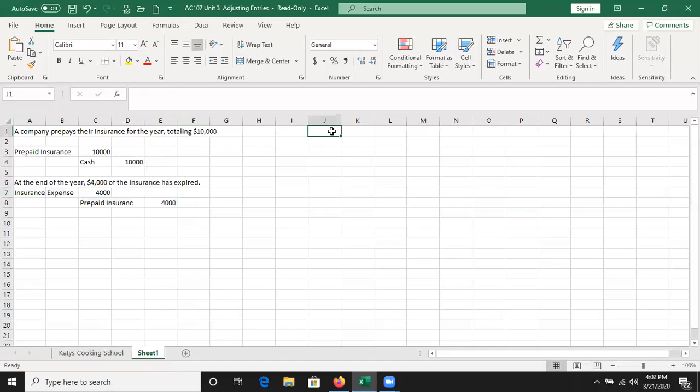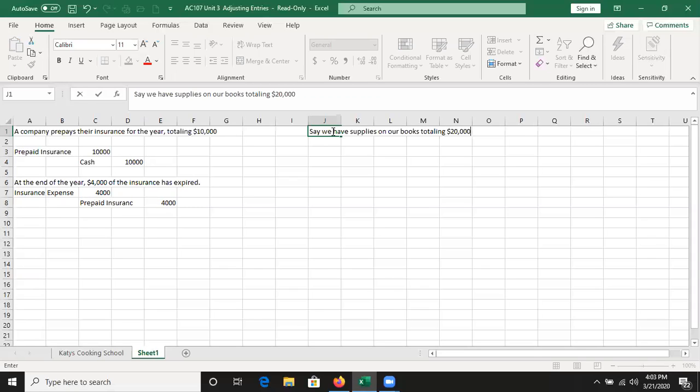So let me go over here. Say we have teaching, let's just say normal supplies. Again, I don't want to make this too much like the problem. Say we have supplies on our books totaling $20,000. At the end of the year, we add up our supplies and only have $2,000 left.